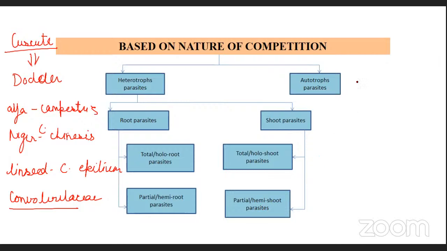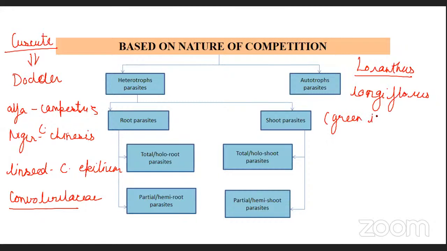Then the second one is Loranthus, and in Loranthus the species is Loranthus longiflorus, and this is green in color. They usually attack mango tree, citrus, Casuarina, teak, or anything.